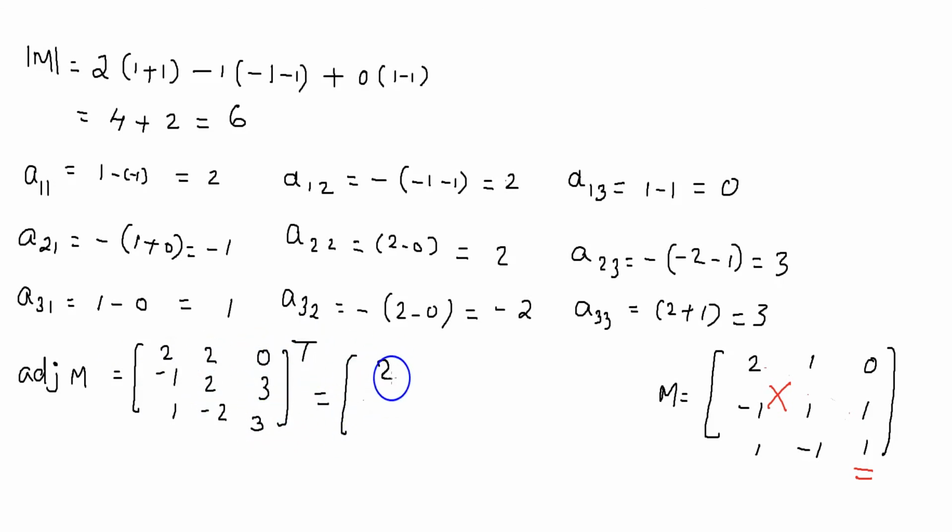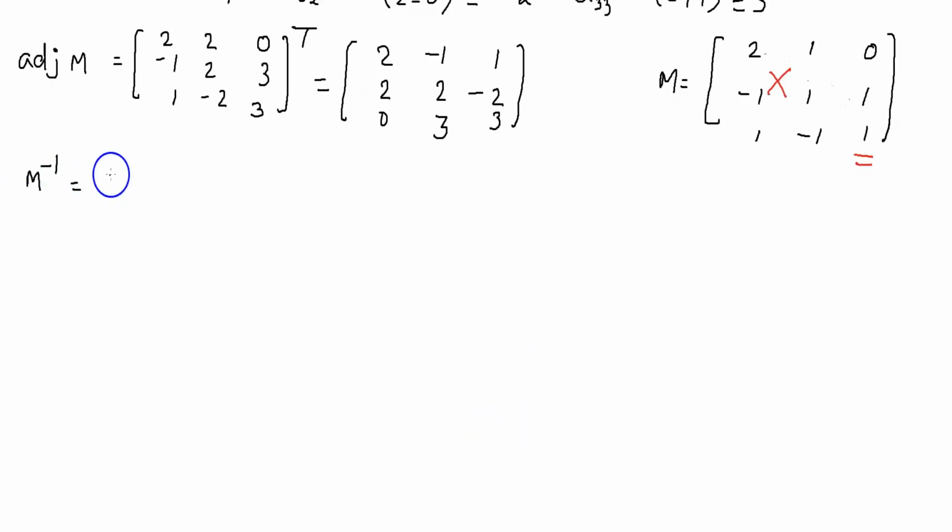Therefore, adjoint of modal matrix equal to 2, 2, 0, minus 1, 2, 3, 1, minus 2, 3. Inverse of modal matrix is equal to adjoint of modal matrix by determinant of modal matrix.